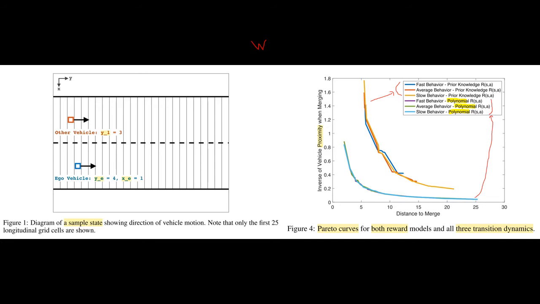This is an example of a student project at Stanford this year. What the student did is compare two approaches. The first one incorporates human knowledge of typical reward function structure, the goal being to maximize the safety and the mobility objectives, which was the efficiency.